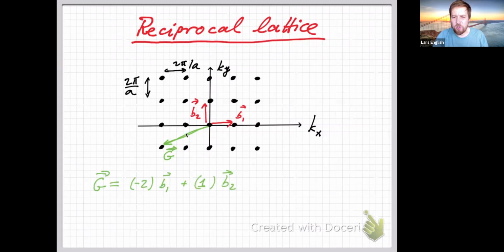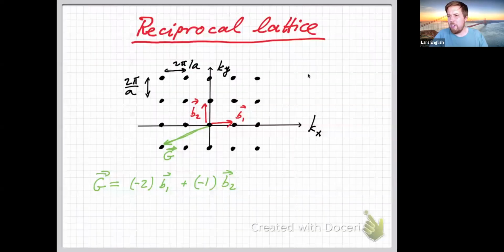It's minus 2 b1 minus b2. So that should be a minus, actually. Okay, so there you go, magic, I fixed it, that's a minus 1, because we're going 2 units to the left and 1 unit down. Okay, so there is my G vector.